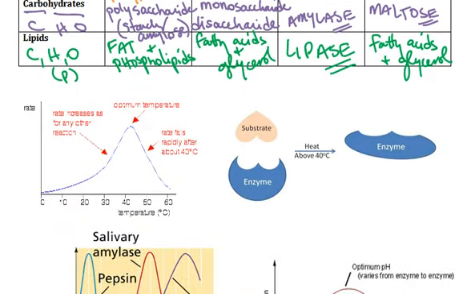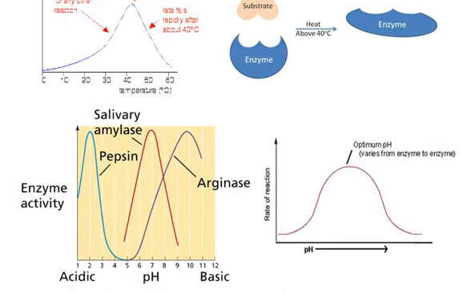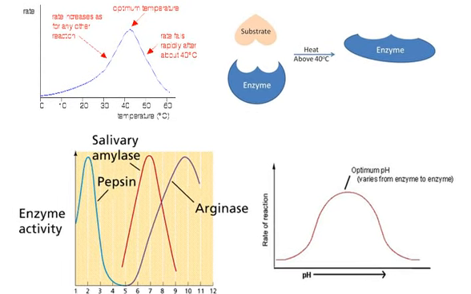I want you to look at these diagrams. I'm going to go ahead and pull my screen down a little bit. And so what we're looking at here is different rates of reactions. If we look over here, we've got rate on our y-axis and we've got temperature.